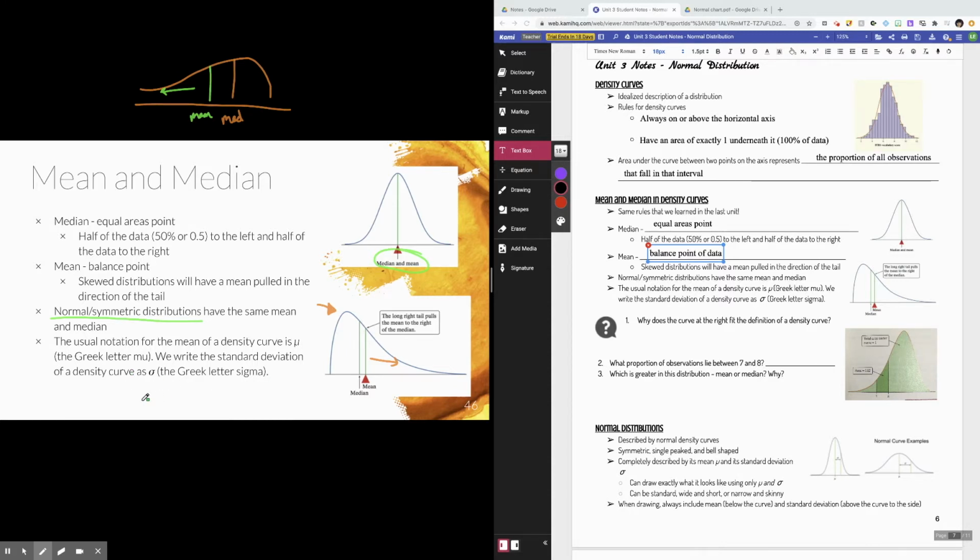So in the last unit, especially when you would run statistics on your calculator, you probably remember seeing symbols like this, like mean would be represented with X bar, and then standard deviation would be represented with an S, maybe with an X subscript underneath it, okay? We use these symbols because we were dealing with samples. These are sample symbols.